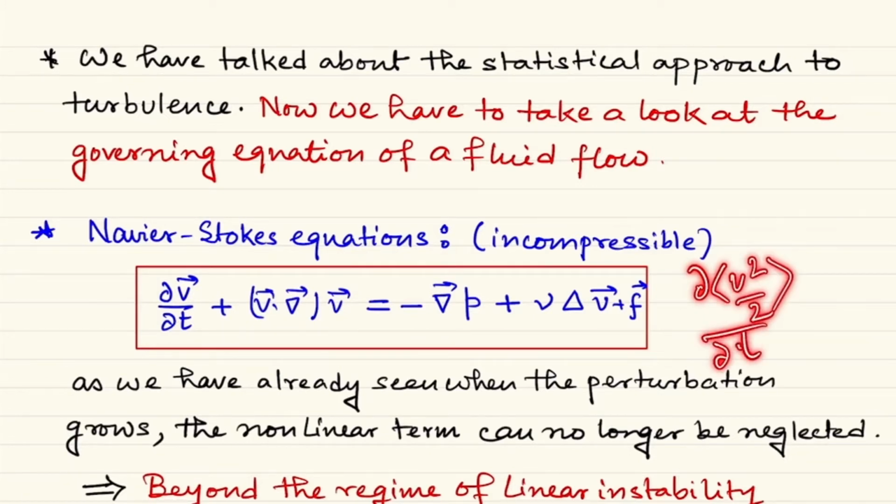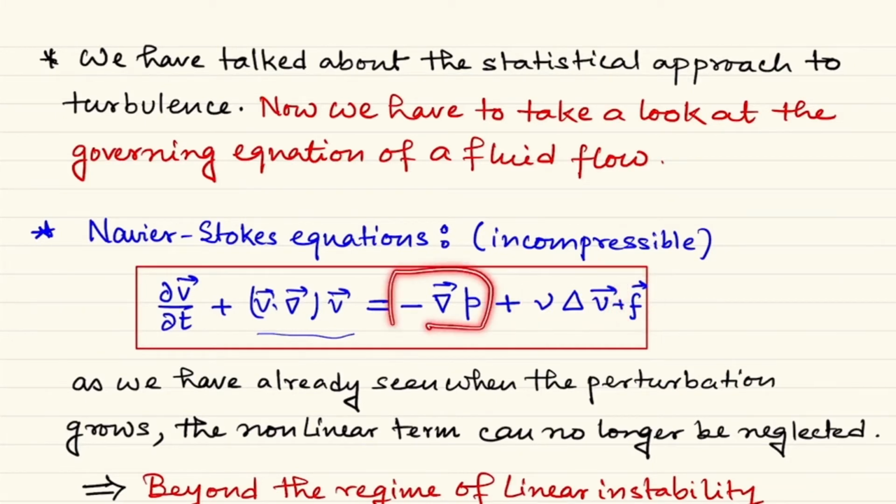If you assume a stationary state, then the time derivative is 0, and finally there will be a balance between this nonlinear part, this dissipative part and the forcing part.